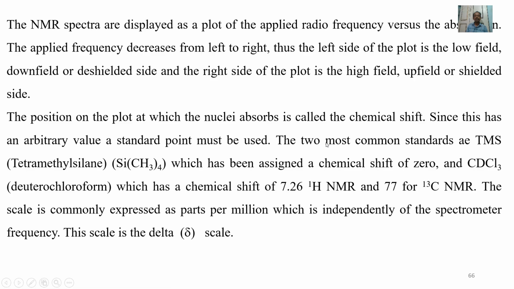Since this has an arbitrary value, a standard point must be used. The two most common standards are TMS, tetramethylsilane, Si(CH3)4, which has been assigned a chemical shift of 0, and CDCl3, deuterochloroform, which has a chemical shift of 7.26 for proton NMR and 77 for carbon-13 NMR.